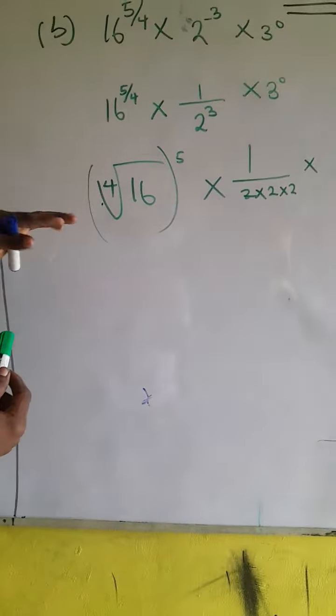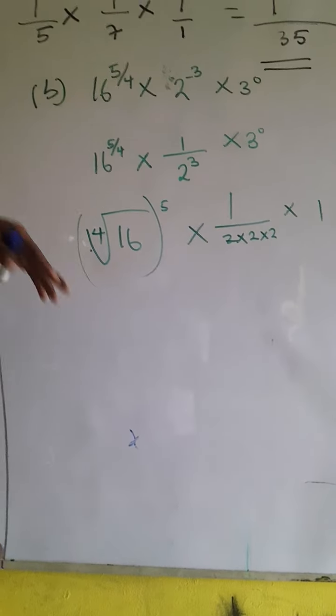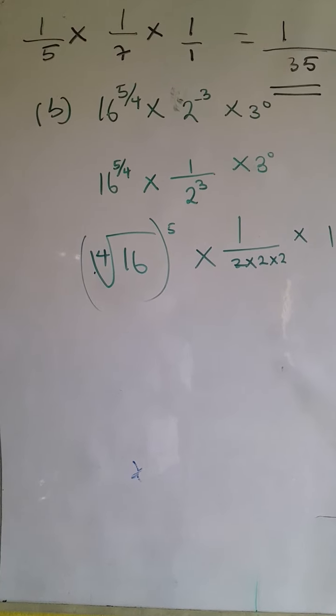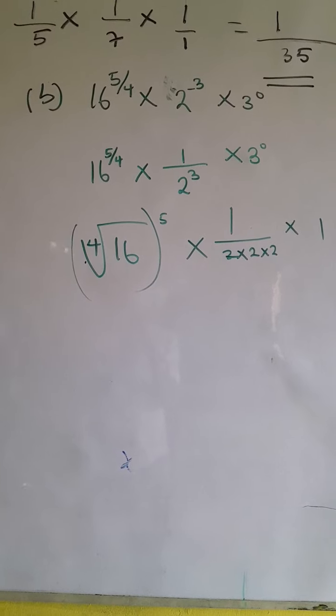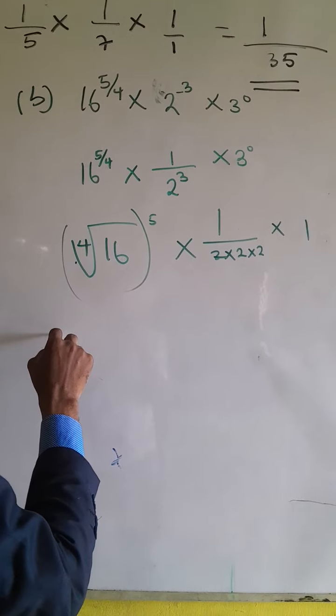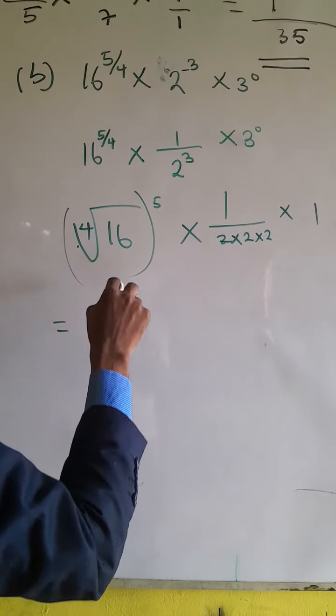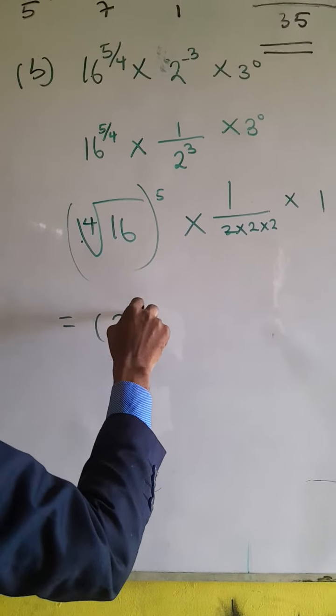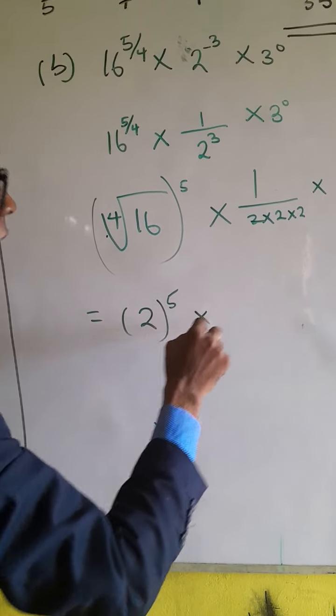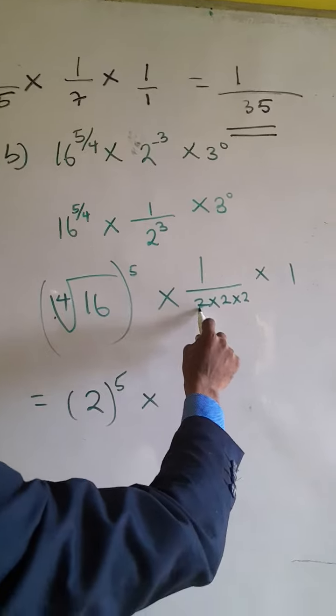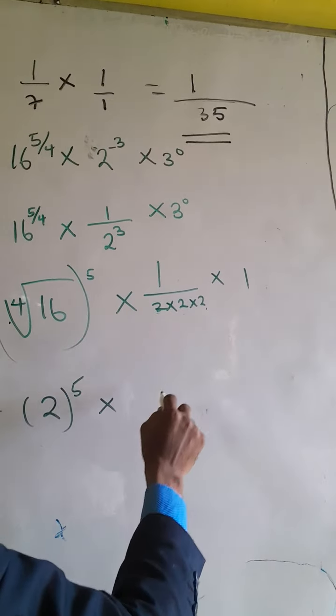Now here, you agree with me that the number we can multiply 4 times to give us 16 is 2. So here will be 2 all raised to the power of 5, times 2 times 2 is 4, times 2 is 8.